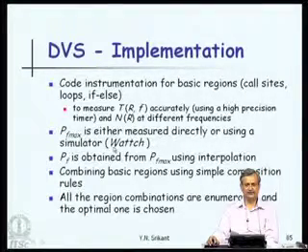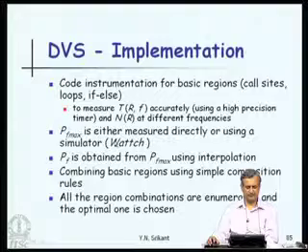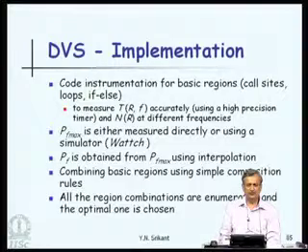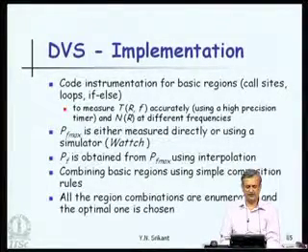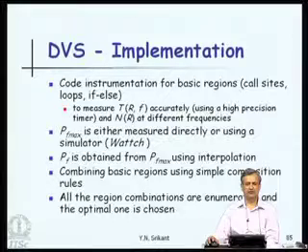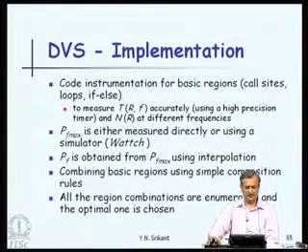P of f_max is the maximum power consumption. This is a steady power consumption, let us assume that. So, once we know that the power consumption is steady, we can either measure it directly using a wattmeter connected to the power supply, or we could use a simulator such as Wattch to tell us what is the power consumption of the processor.